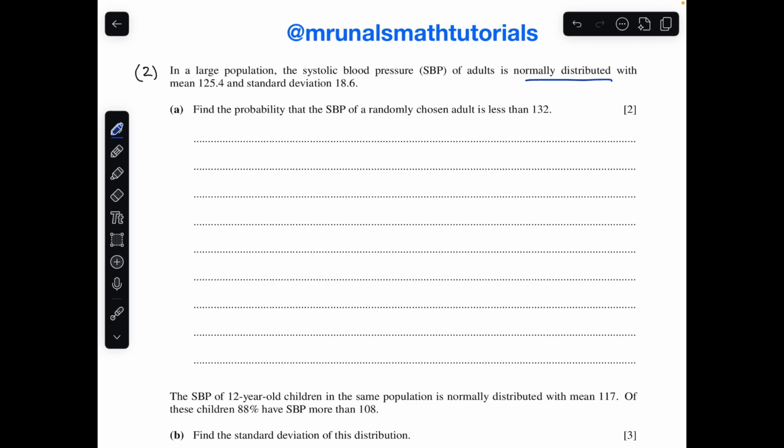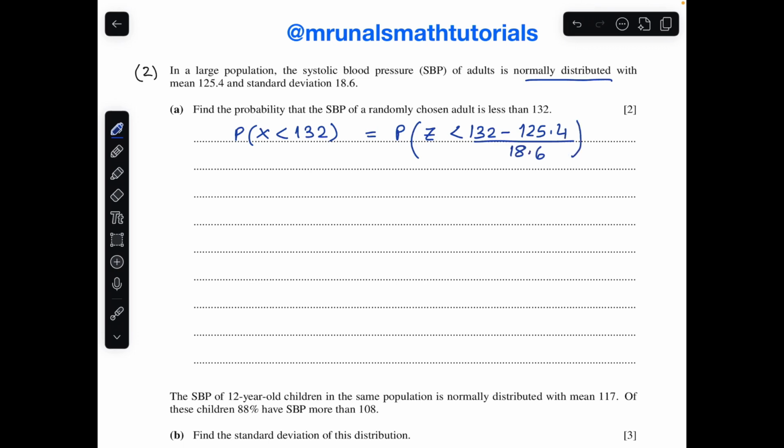Find the probability that the SBP of a randomly chosen adult is less than 132. So again, let us standardize it. Less than 132 minus the mean 125.4, divided by the standard deviation, which is 18.6.